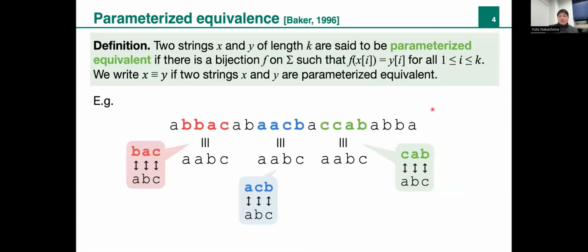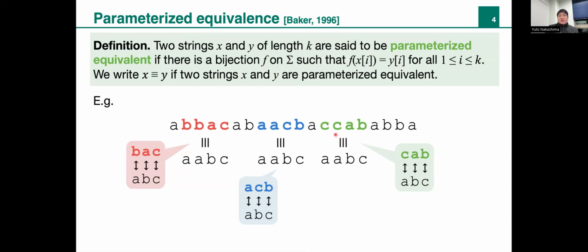This is the formal definition of parameterized equivalence. Two strings x and y of length k are said to be parameterized equivalent if there is a bijection f on the alphabet such that the i-th character in x is mapped by f to the i-th character in y for all positions i.